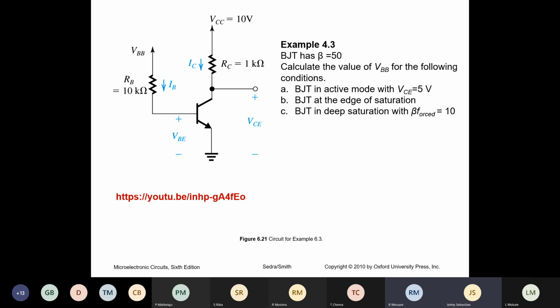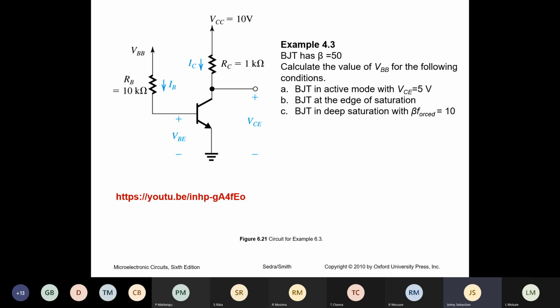That is 0.1 milliampere. Give me that answer in microampere. That is 100 microampere. So we got 100 microampere. That's right.